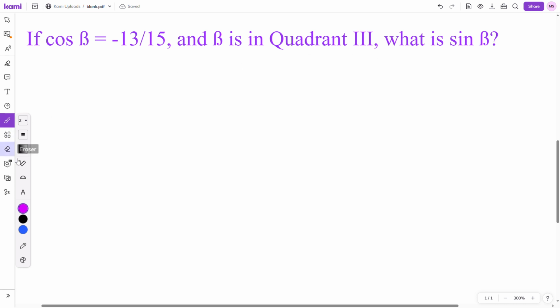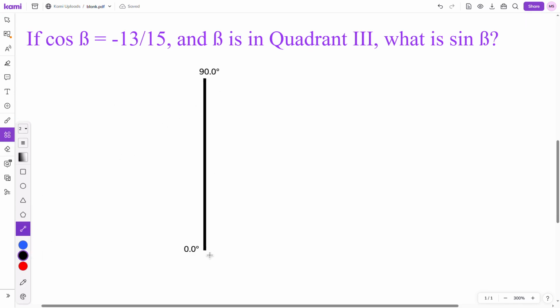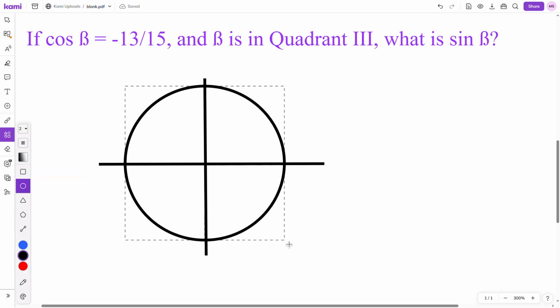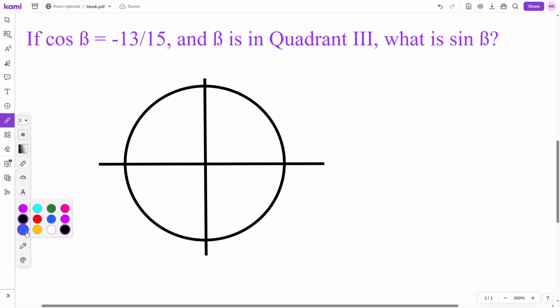Well, let's just do the same thing I did before. So I have my pseudo unit circle with nothing really filled in. And I have this angle, but it's in quadrant 3. All right, so in quadrant 3, there's some point on this circle, and we have a coordinate for this point.